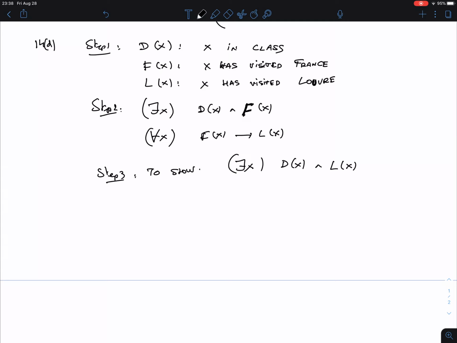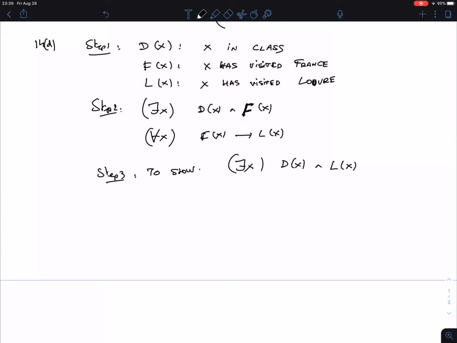So which one to do first? Well, it's not a 100% carved-in-stone rule, but almost always you do existentials first, because existentials give you no freedom. There is somebody, but that might be only one out of 10,000 possibilities that perhaps works. You don't know. So when you take an existential instantiation, there's only one fixed thing.